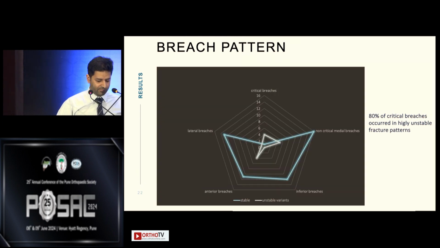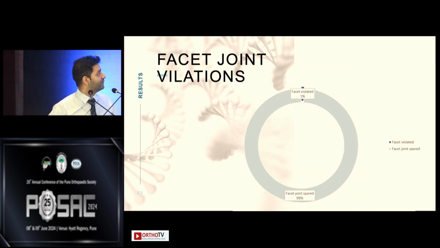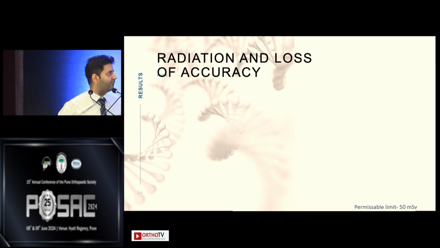So this is the breach pattern. Here we can see the critical breaches were more in the unstable fracture variants. This is the unstable fracture, the light blue line. More than 80% of the critical breaches were in the highly unstable fractures. Facet violation was quite acceptable, less than 1% of all.